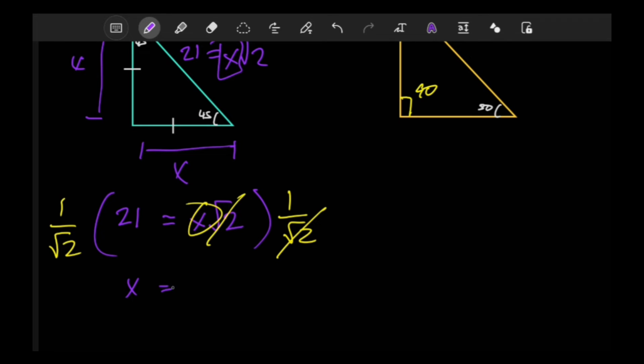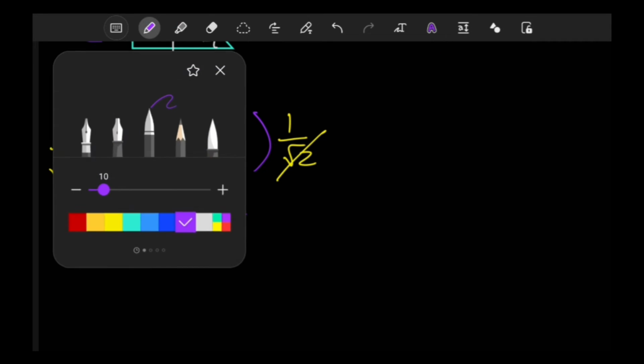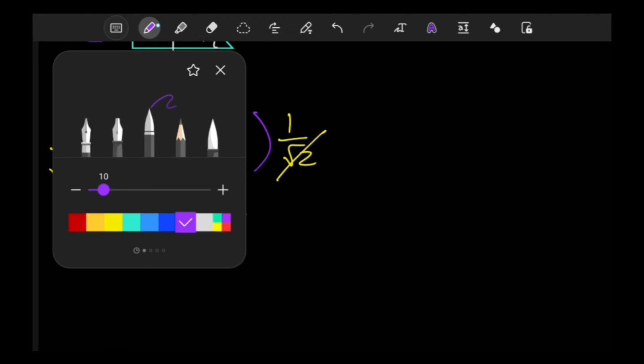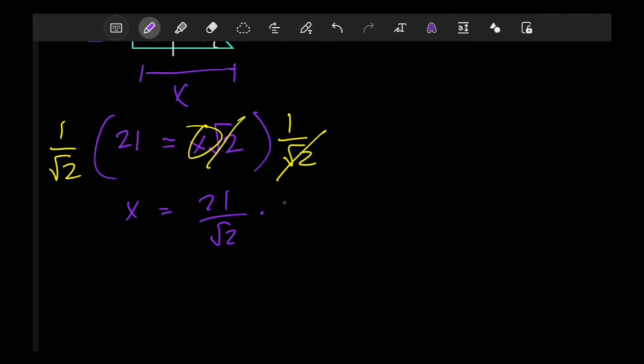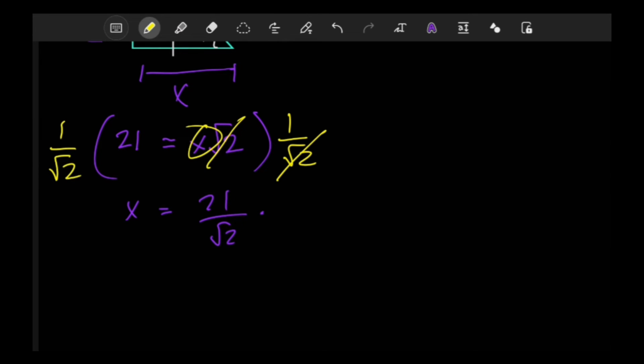So x is 21 over square root of 2. Okay, you may stop there, but that is not our answer, because remember, we should rationalize the denominator. So simply multiply this side by this value, because if you simplify, it will just be equal to 1.